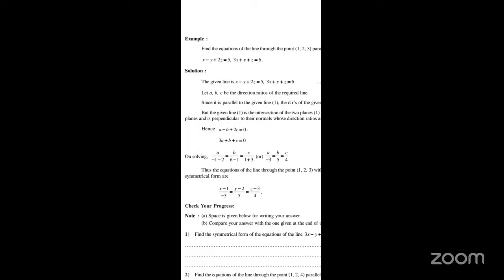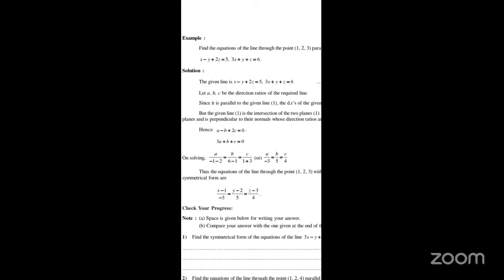First of all, write the equation, and here a, b, c be the DRs of the required line. It is parallel to the given line, whose DRs are a, b, c. From the coefficients of the given equations, 1, minus 1, 2 and 3, 1, 1, these are the normals, so a minus b plus 2c equal to 0, and the second one is 3a plus b plus c equal to 0.